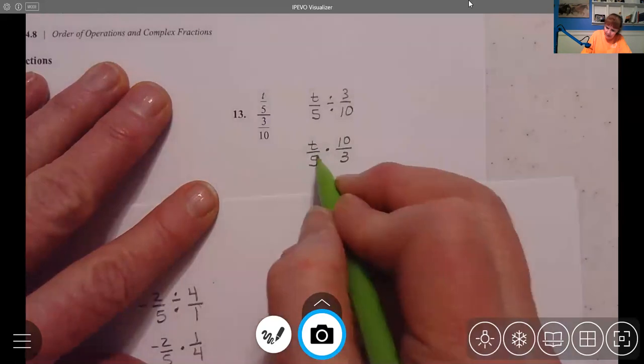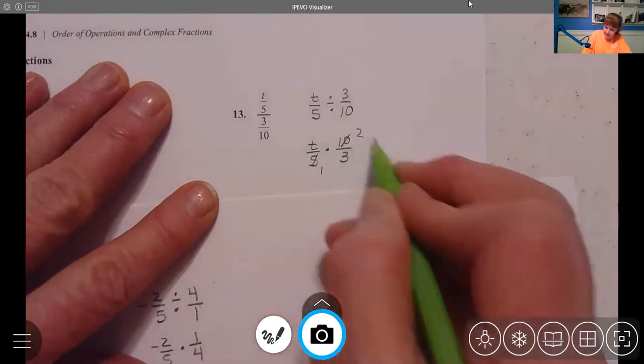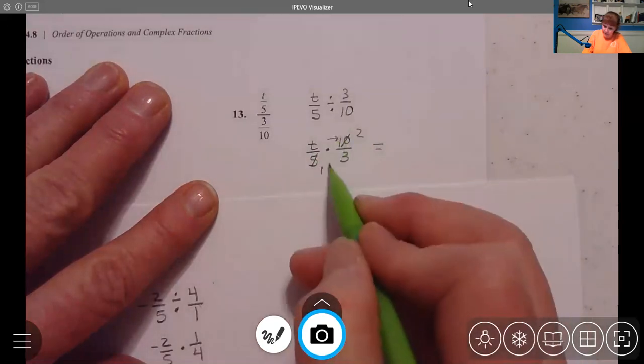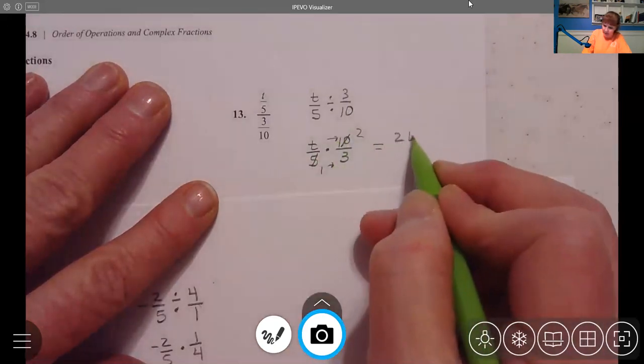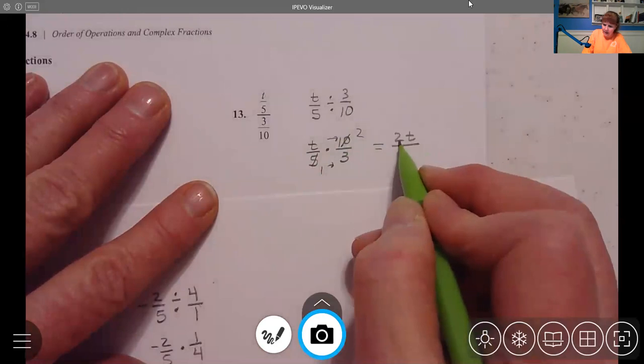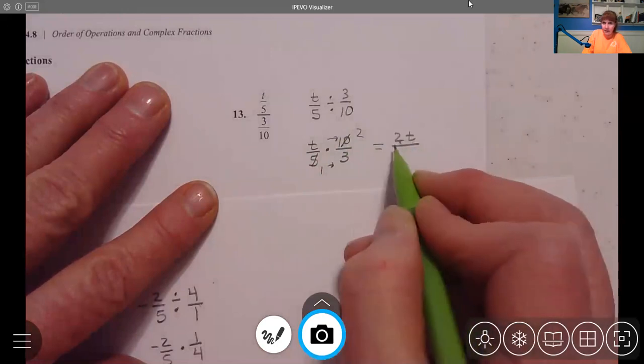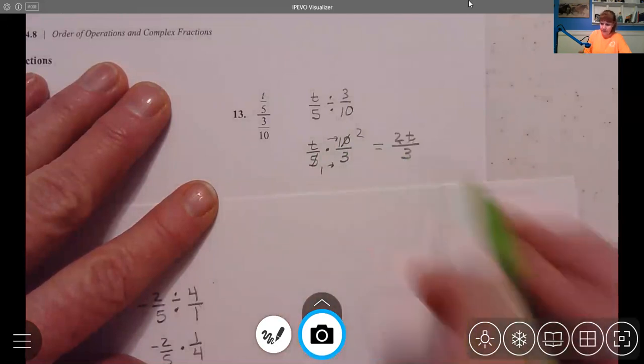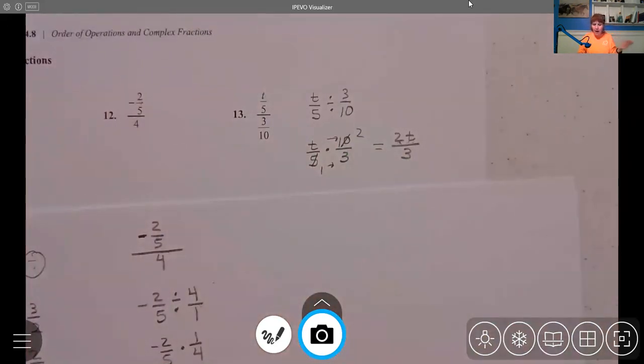And you'd reduce it 1, 2, and multiply across. So you get 2t. We put your number in front of your variable still, instead of t2, do 2t. 1 times 3 is 3. So that's what you come up with for an answer. All right, so that is just one complex fraction.